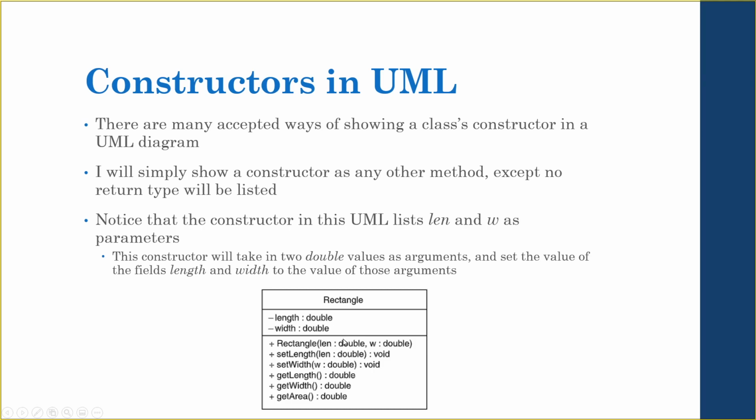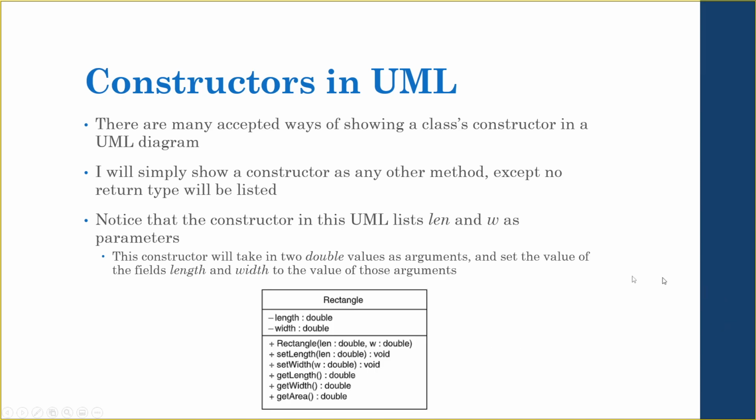The first number will be the length, the second number will be the width, and what the constructor method is going to do is set my length and width fields to the values that I passed in, right? So if I pass in 5 and 10 when I create the object, the constructor will automatically set length and width fields to 5 and 10.